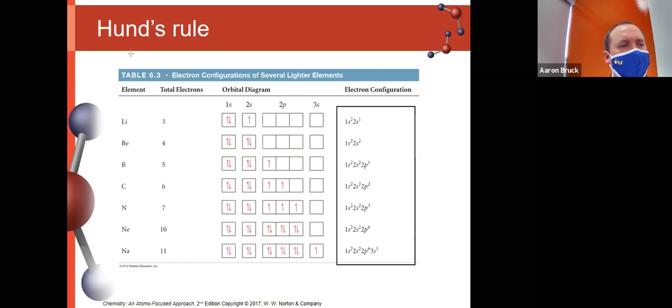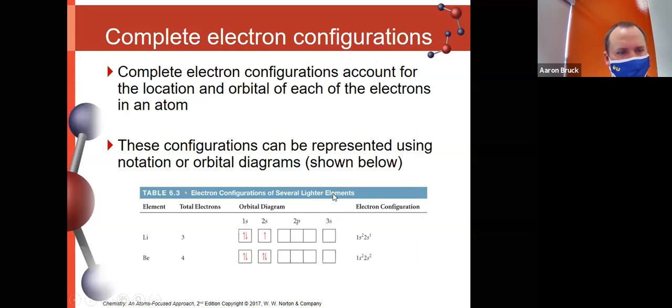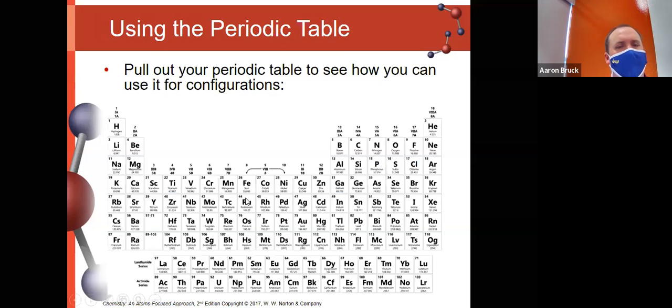And the answer to that question ultimately comes down to the periodic table. So if you have your periodic table on you, I encourage you to pull it out again.